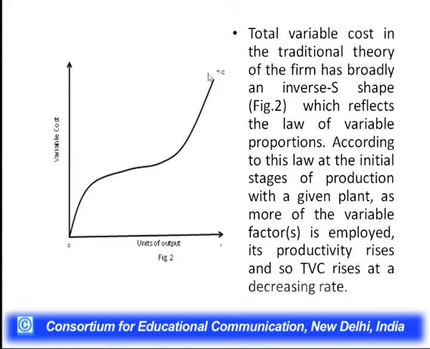Then total variable cost. According to the traditional theory, the firm has broadly an inverse S shape total variable cost. In the figure, units of output are on x axis and on y axis we have variable cost, and we have this inverse S shape TVC. Actually this is following the law of variable proportions.